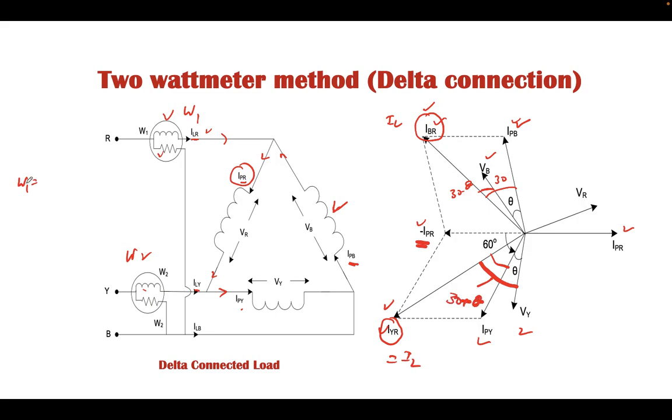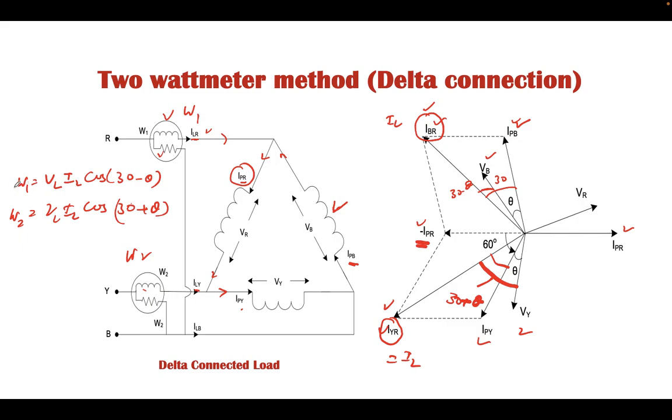We can say that for wattmeter 1 the reading is VL IL cos of 30 minus theta, where the line voltage is the same as the phase voltage, and the angle between IL and VL is responsible for the reading of W1. For W2 the reading is VL IL cos of 30 plus theta.